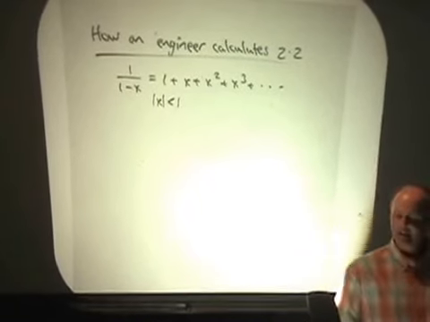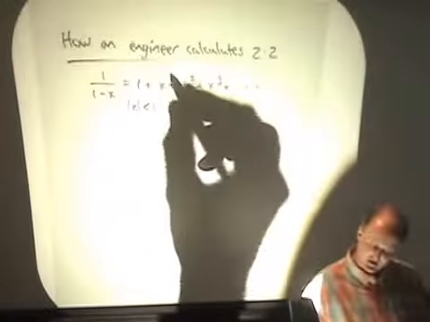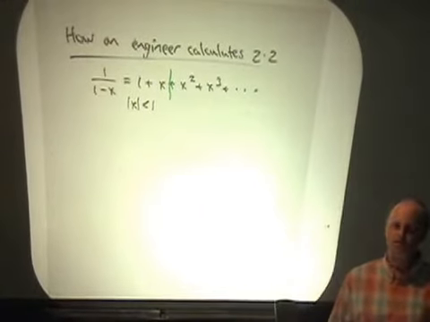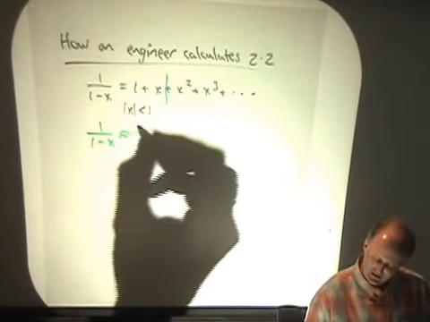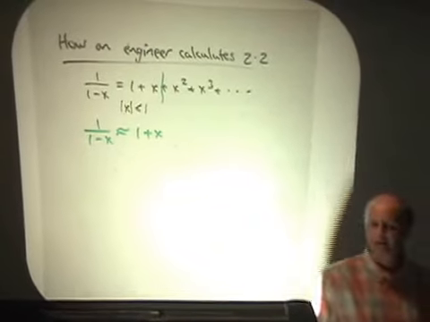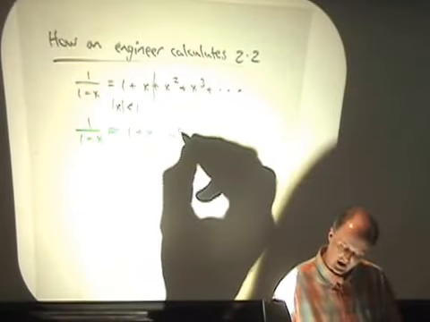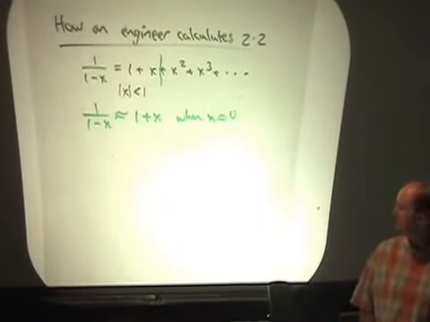They like to use just the linear terms on the right-hand side. Cut off all the nonlinear terms. And use this fact that results, that 1 over 1 minus x is approximately equal to 1 plus x when x is approximately equal to 0. And you can check that that's true.